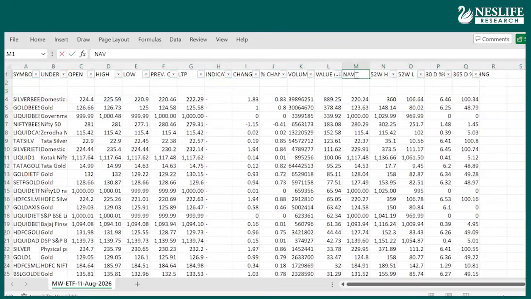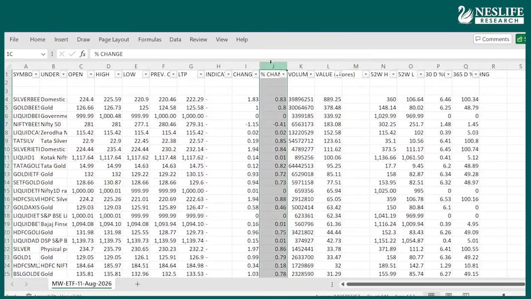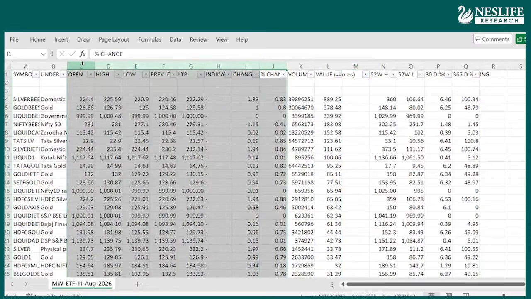You can delete the not relevant columns here if you are screening. NAV as such is not relevant as of now. To find the liquidity, we can use 2-3 parameters, out of which value and volume can be used immediately for the comparison. Okay, I will delete all these things.